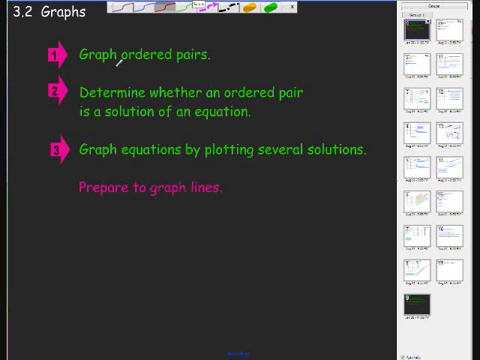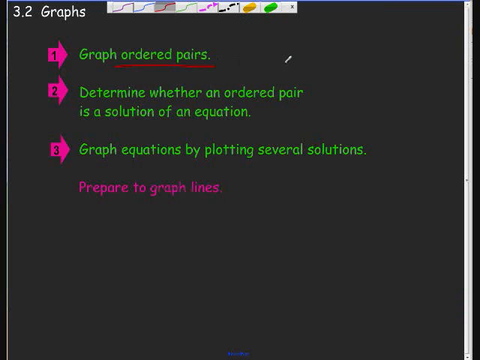So we'll graph ordered pairs. So we'll have x and y, and when we place these on a coordinate plane, we're going to go horizontally with x and vertically with y. Determine whether an ordered pair is a solution of an equation.